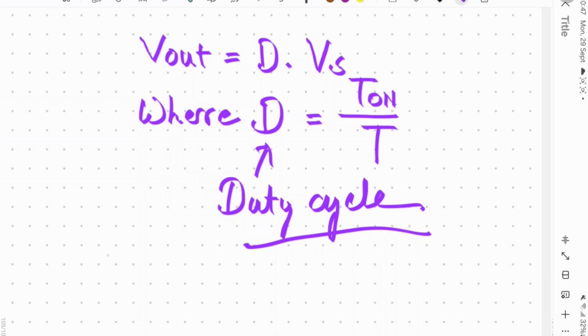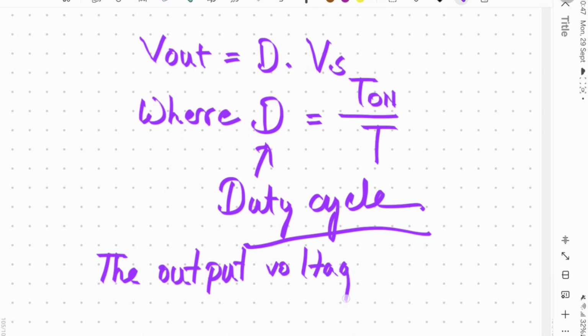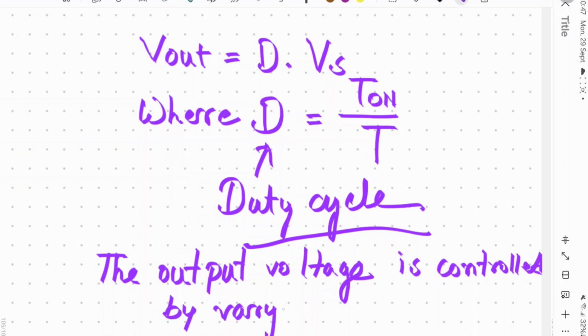So the output voltage is controlled by varying the duty cycle.